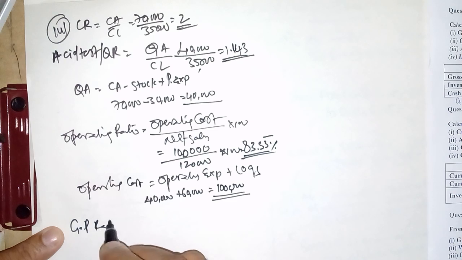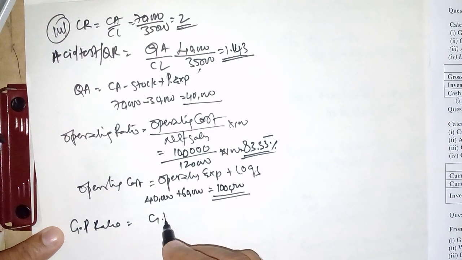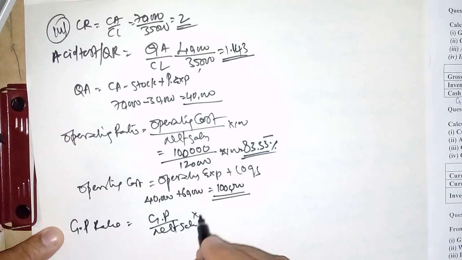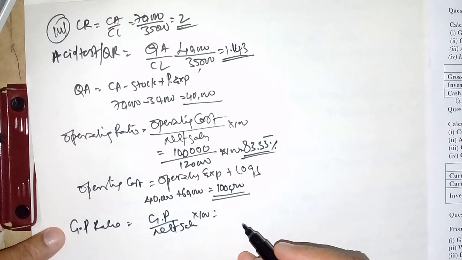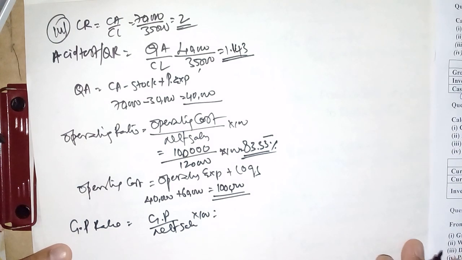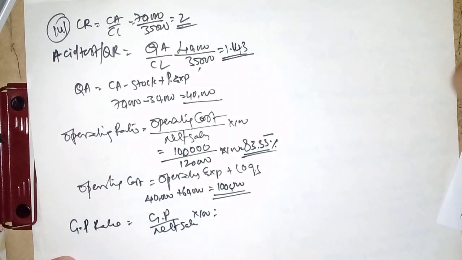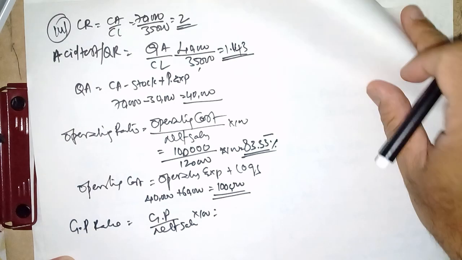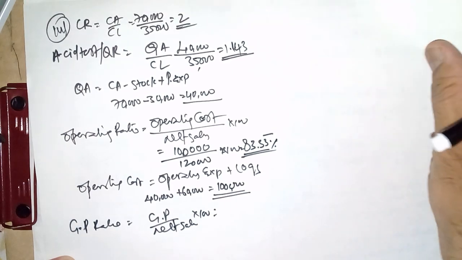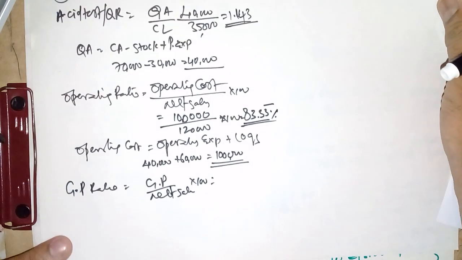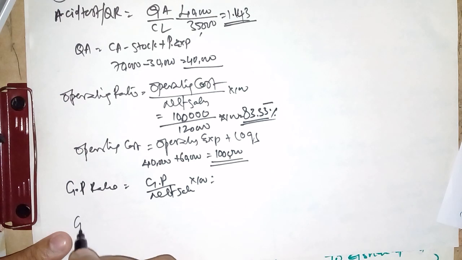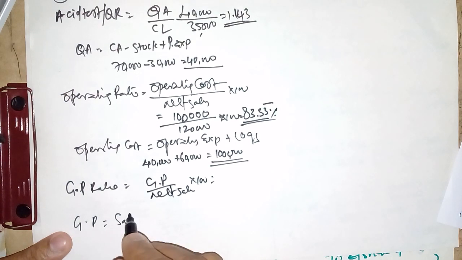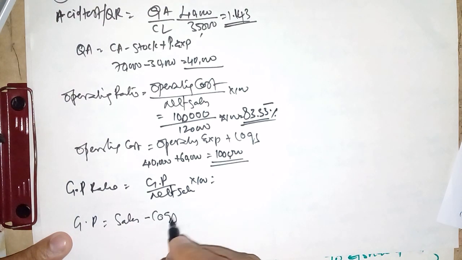Once the operating ratio is done, the gross profit ratio is very simple. GP ratio formula: GP by net sales into 100. How do we calculate GP here? Gross profit is equal to sales minus COGS, as we have been given sales and COGS.